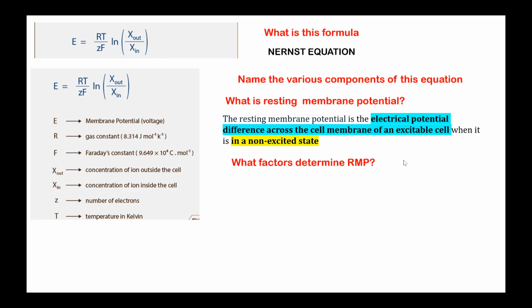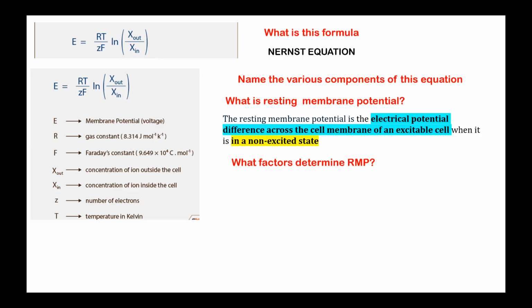Membrane permeability. Fantastic. Membrane permeability. They are all semi-permeable. Some ions pass through easily, some ions are not allowed to pass through easily. So that is why they are called semi-permeable membranes.